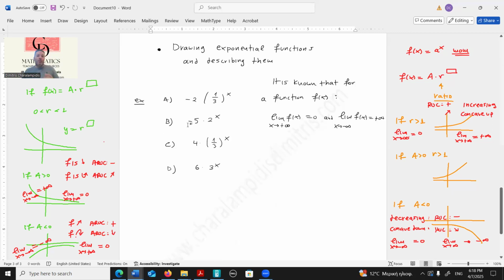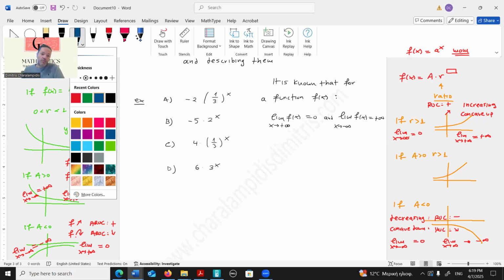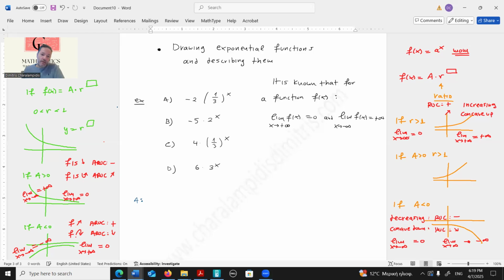Let's see. We need to apply the theory I mentioned in the beginning and then carefully calculate the end behavior for each one of the suggested graphs. I'll begin with A. It's y equals minus 2 times 1/3 to the power of x.